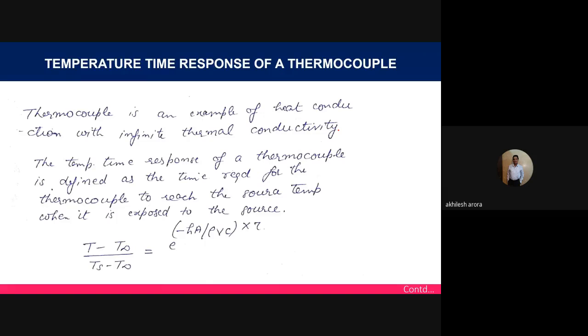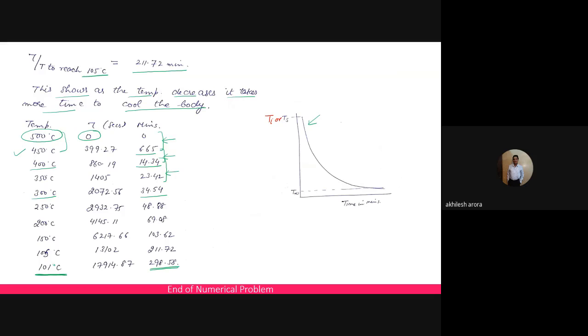Now what is the implication of it? This lumped heat capacity analysis can be used for a very important application, that is the thermocouple. A thermocouple is a device for the measurement of temperature.